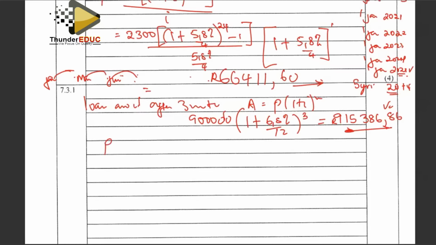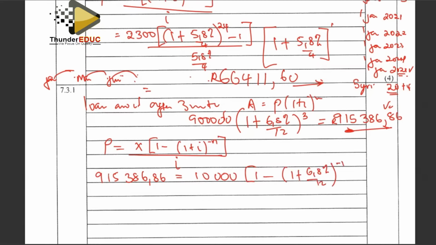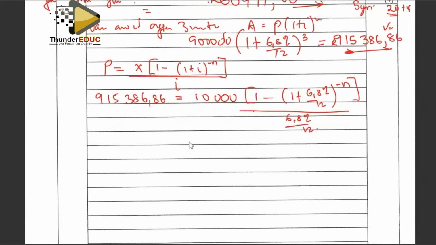So since we're looking at the present value, we know that the formula is x into 1 minus 1 plus I to the negative n, everything over I. So let's do the substitution. 915,386.86 is equivalent to 10,000 into 1 minus 1 plus 6.8% over 12 to the negative n, and we're dividing this by the 6.8% over 12. So feel free to do your magic of how you're going to simplify this.